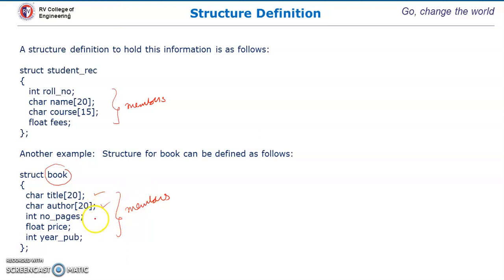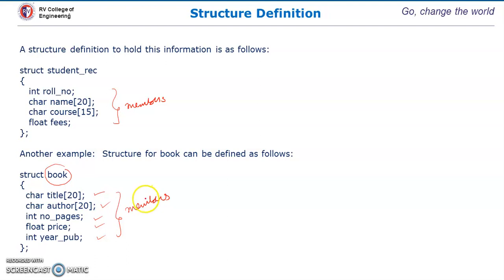The number of pages will be integer data, the price of the book will be float, and the year of publication is also integer type. These are the members, then we close the curly braces and write a semicolon. This is how we write the structure definition.